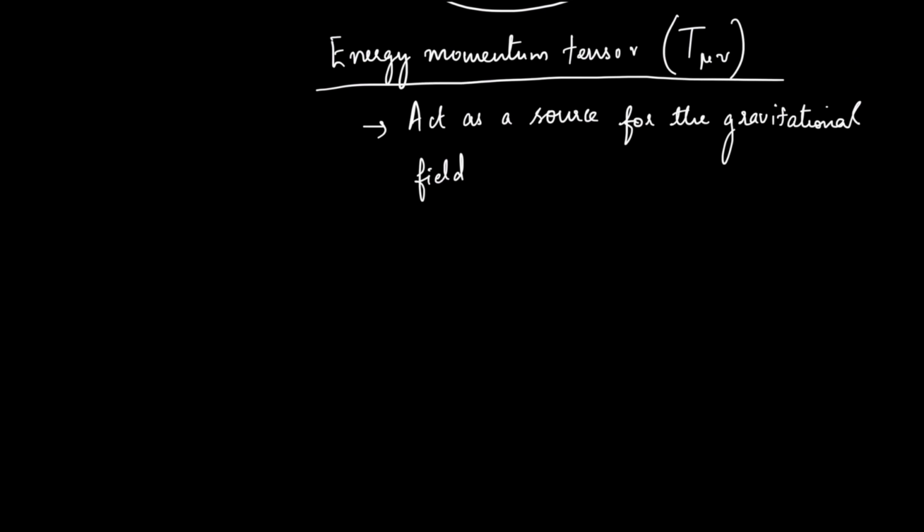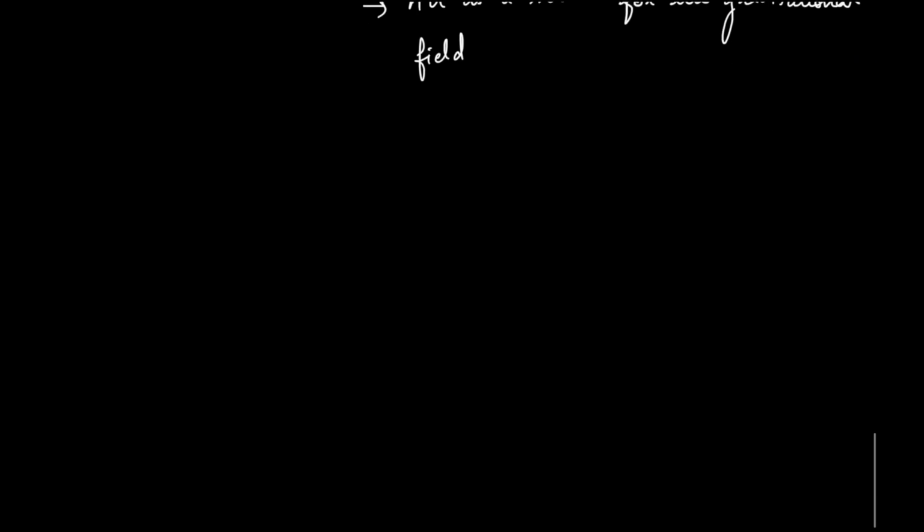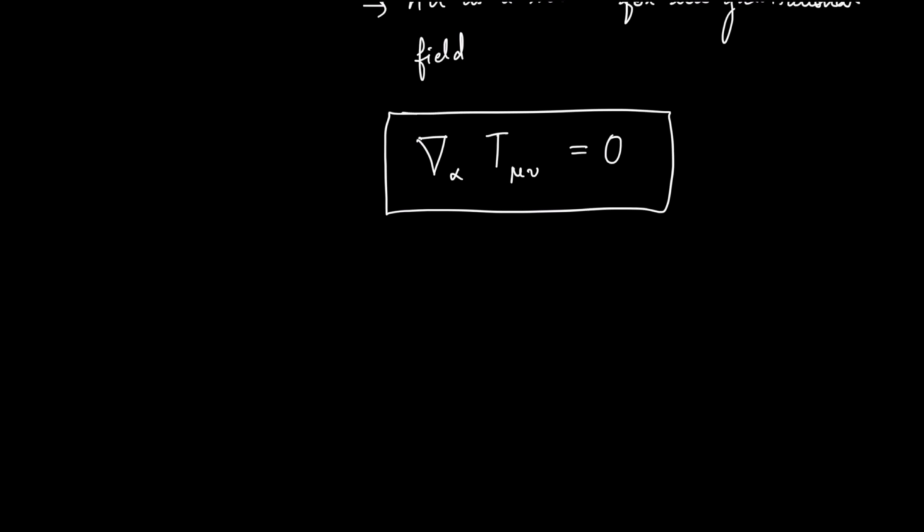So in the covariant language, I can write this corresponding conservation law as the covariant derivative of T mu nu is equal to 0. So this is the equation for conservation of energy and momentum.